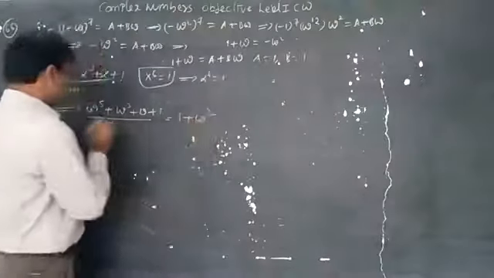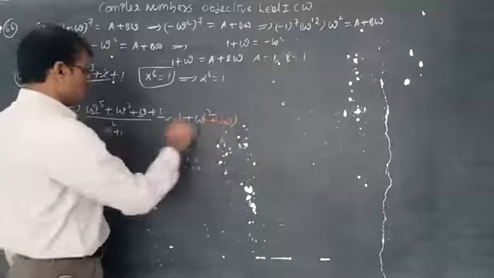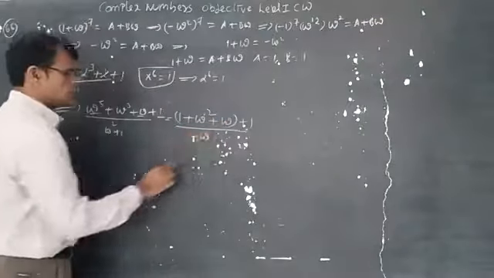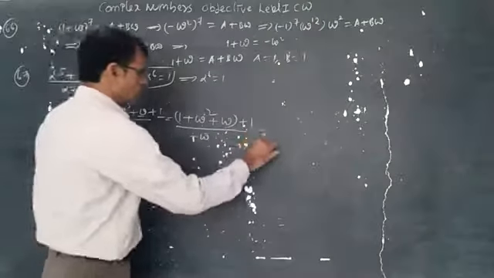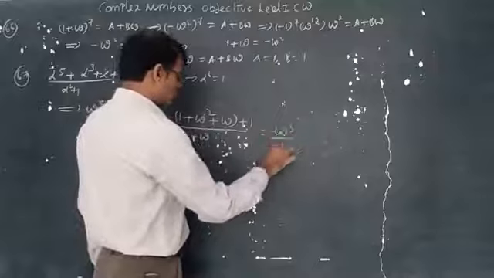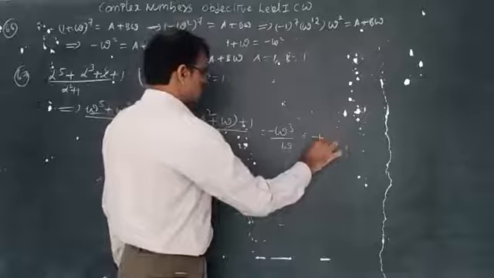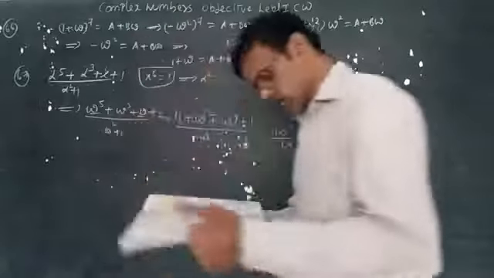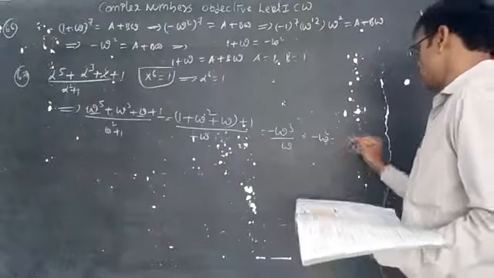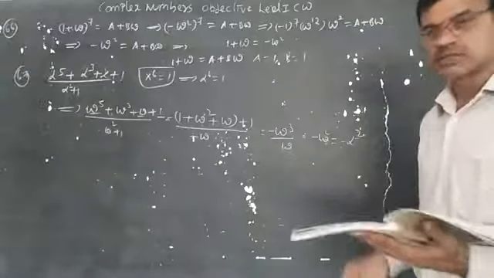So write like this: this is omega square plus omega, this is 1. 1 plus omega square plus omega becomes 0, and 1 by 1 plus omega square means minus omega. So 1 by minus omega. 1 by minus omega can be understood as omega cube by minus omega, which is minus omega square, or minus alpha square you can write, because we took the root alpha as omega. This is minus alpha square.